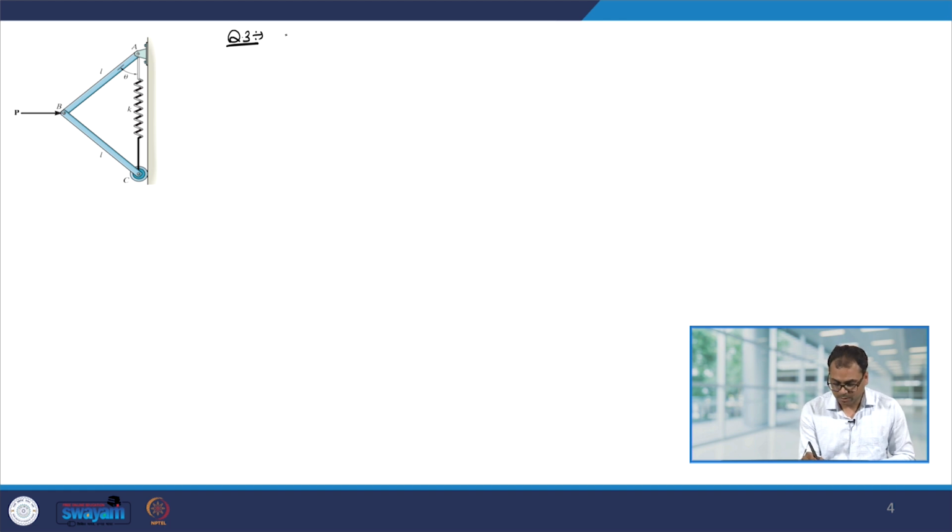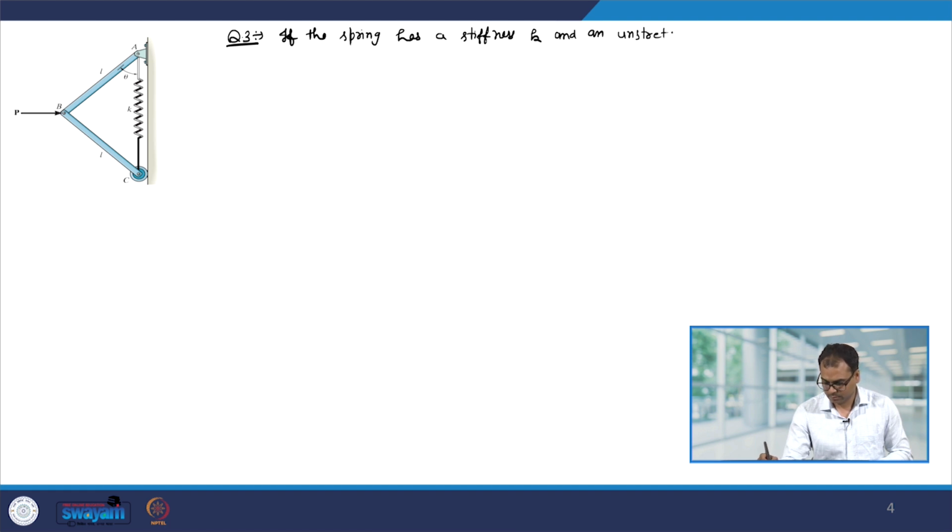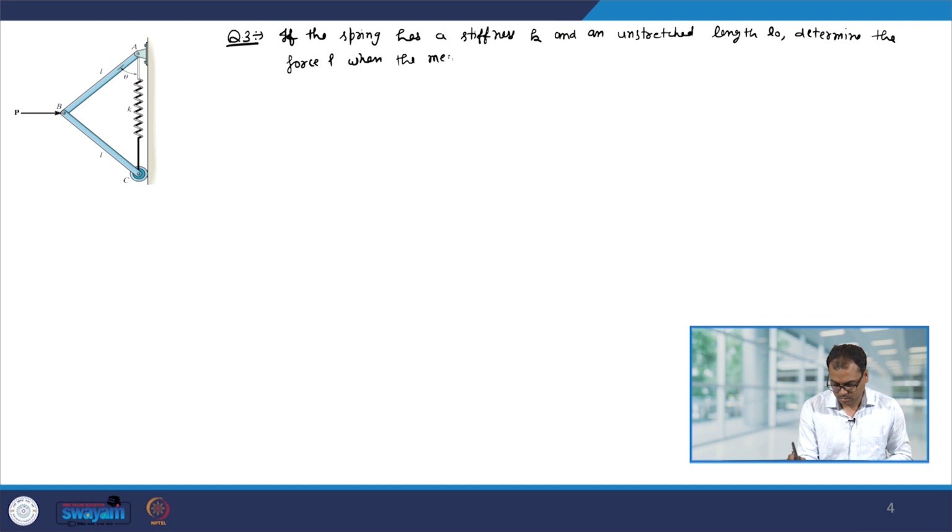The problem statement is the following: if the spring has a stiffness K and an unstretched length L naught, determine the force P when the mechanism is in the position shown.